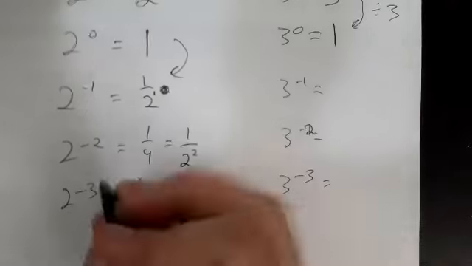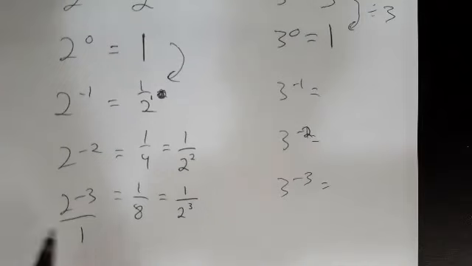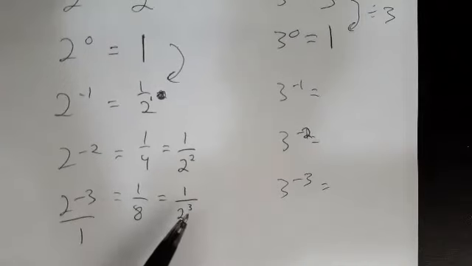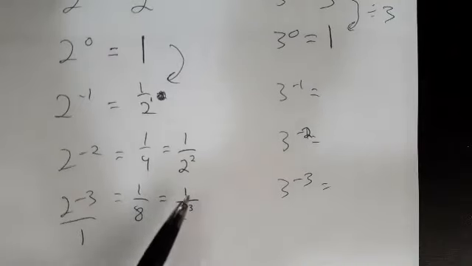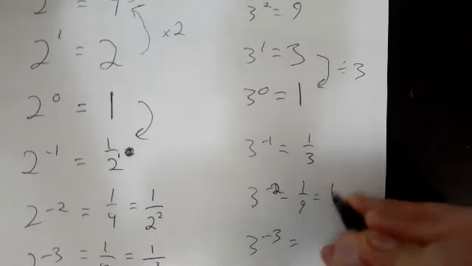So another way you can also think about negative exponents is if we have 2 to the minus third and it's on top, it's going to get flipped to the bottom. And maybe I'm getting a little ahead, but if I have a negative on the bottom, it's going to get flipped to the top. So negative exponents kind of get flipped over a division bar. Same thing here. I'm going to have 1/3. I'm going to have 1/9, which is 1 over 3 squared.